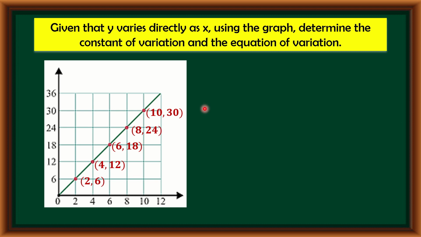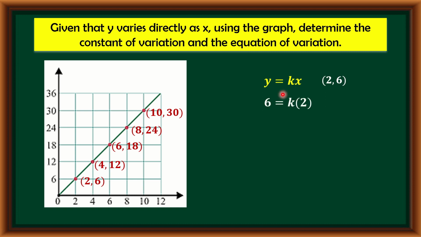Another thing, we have here two options in finding the constant of variation and equation of a given graph. The first one is through the equation itself. y varies directly as x, so this one will be y is equal to kx. What you need to do is just identify one point here, but for now, I'll be picking the point (2, 6). From here, I will substitute 2 to x and 6 to y.